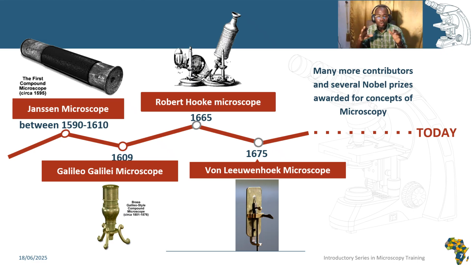Leeuwenhoek was the first to observe and describe living microorganisms, which he called animalcules. Then came the modern microscope of today, which has evolved into several types with advanced technology and AI incorporations. In summary, microscopes have changed how we understand the world starting from 1600.